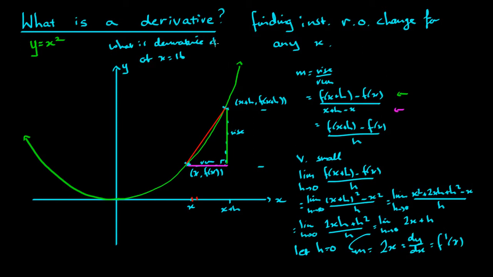The derivative of f(x) at x of 16 is equal to 2 times 16, that's 32. So that's saying when x equals 16, if you drew a tangent along the graph, you would get a gradient of 32. Or, at that instant, dy/dx, or the change in f(x) over the change in x, is equal to 32.